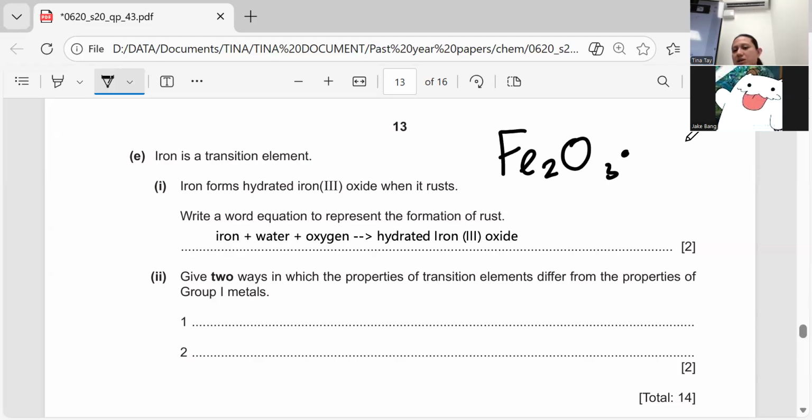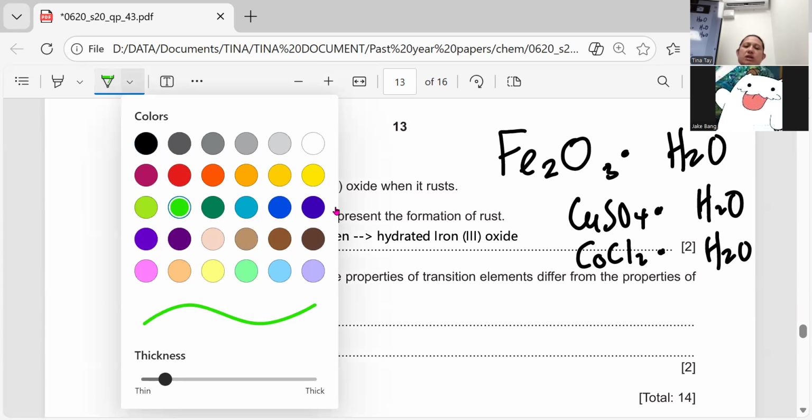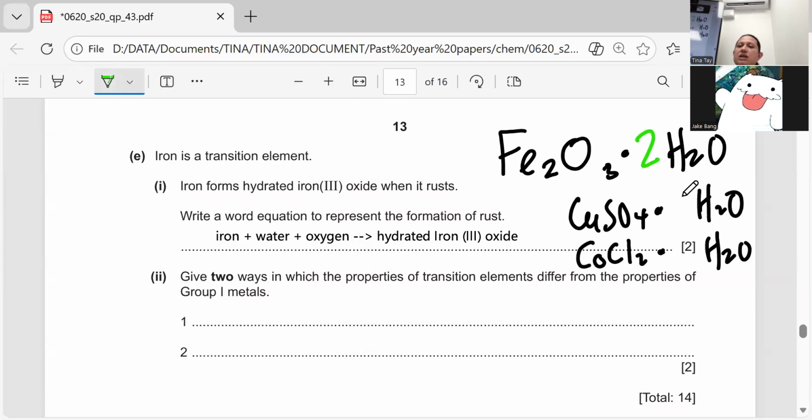And say how many waters: Fe2O3 is 2, this one is 5, this one is 6. Yes, you need to remember these 3.